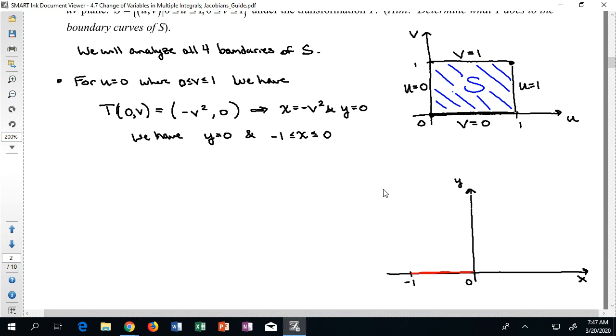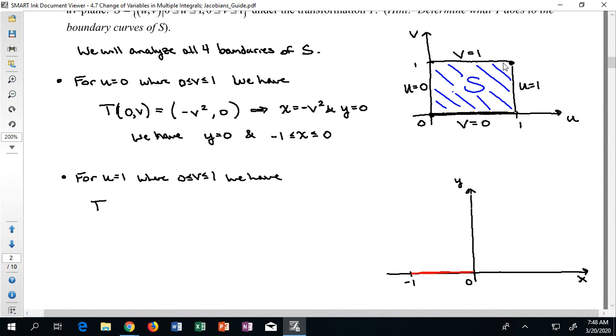Okay, so this is great. We've done one of the sides. We just need to do 3 more. So let's go ahead and do the right side, when u is equal to 1. That way things are pretty similar. When u is equal to 1, we still have v going from 0 to 1 on that side, right? Because the lowest v is 0, it goes up to 1.